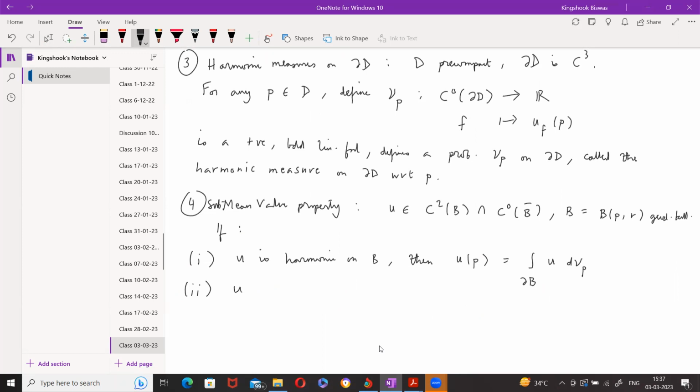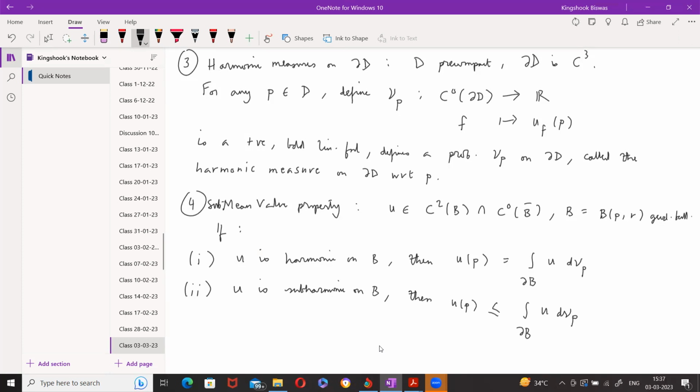So what is not so clear is if U is subharmonic on B, then U of P is less than or equal to the integral over boundary B of U d nu P. Okay. So this is the submean value property.